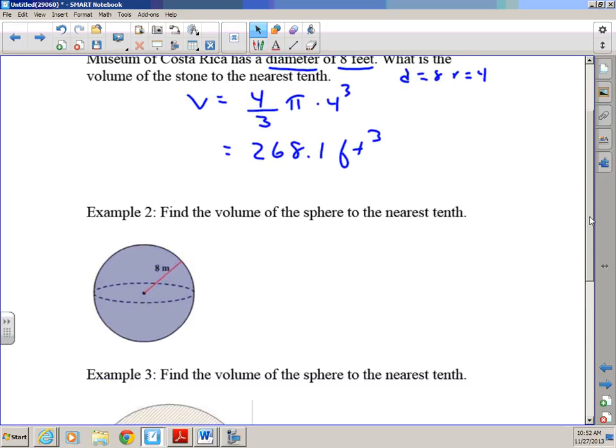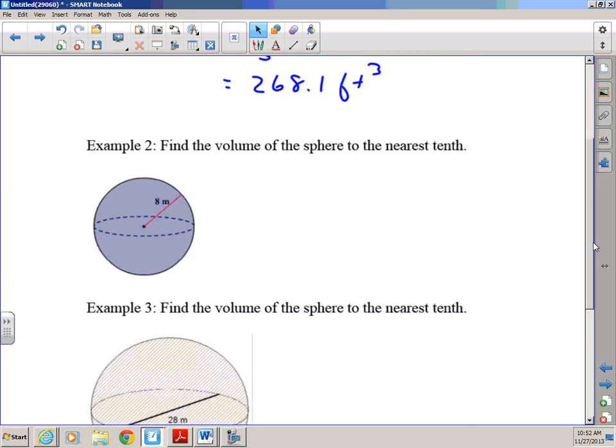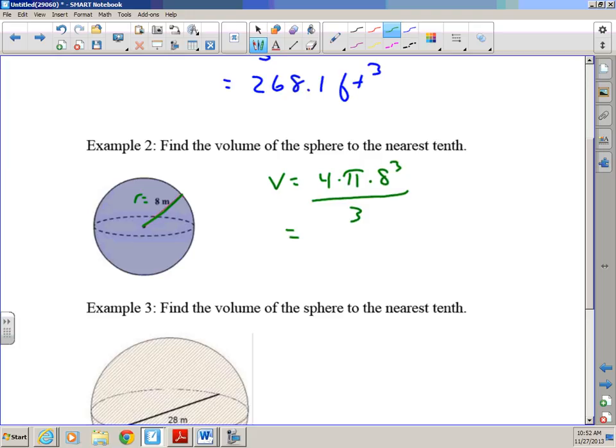Number 2, find the volume of the sphere to the nearest tenth. Well, this is telling you that the radius now is 8. So I have 4 times pi times 8 cubed divided by 3, which gives me 2,144.7 meters cubed.